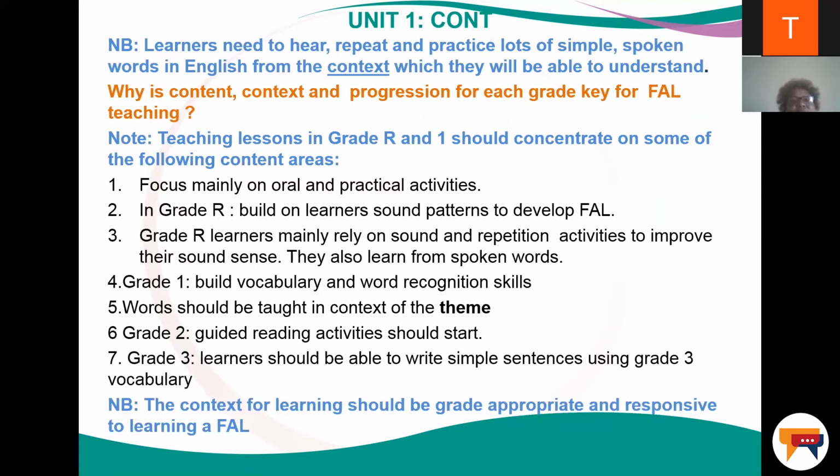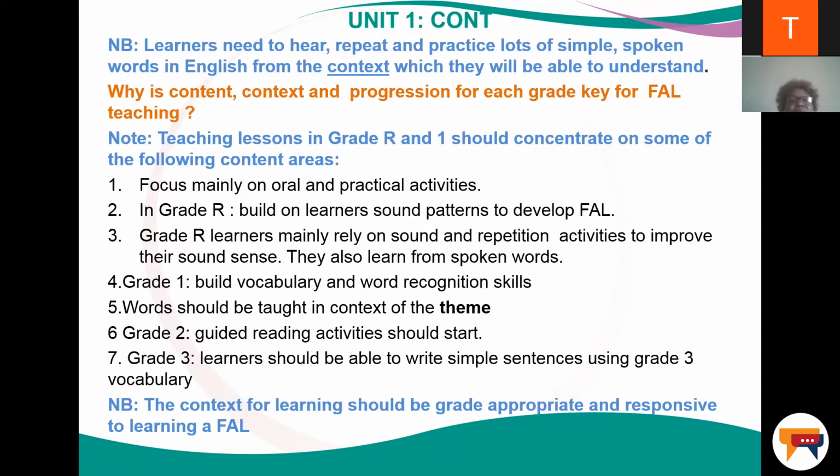Note, teaching lessons in grade R and 1 should concentrate on some of the following. Focus mainly on oral, practical activities. In grade R, build on learner sound patterns to develop FAL.